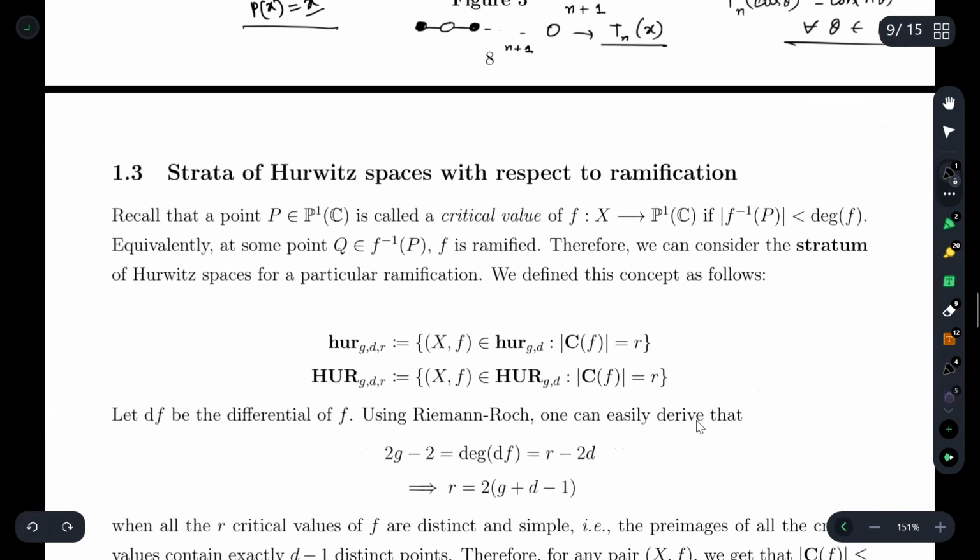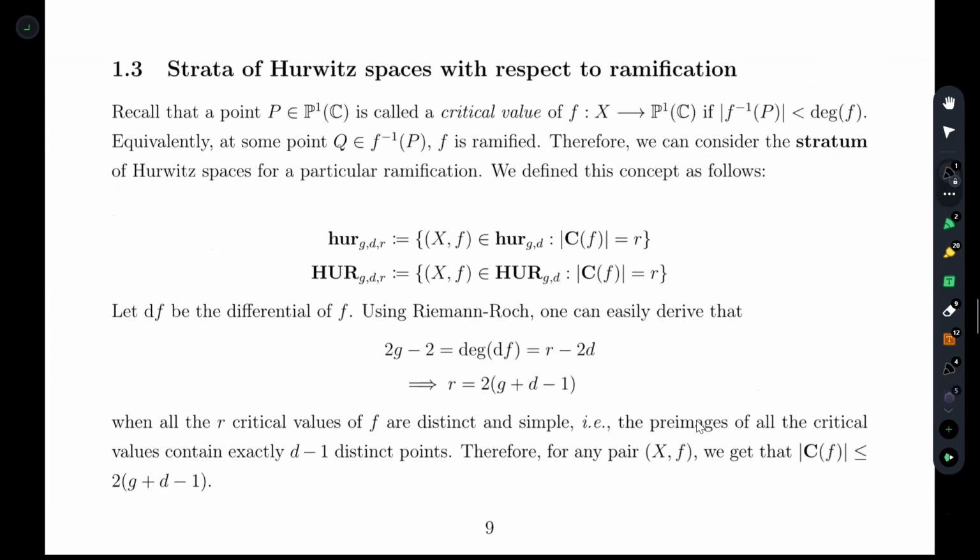And we can now make layers of these Hurwitz spaces in terms of the ramification. This is something called the stratification of the Hurwitz spaces. For any point inside the Riemann sphere, we call a point a critical value of a holomorphic function f from X to P1C if the inverse image has fewer points than the degree.